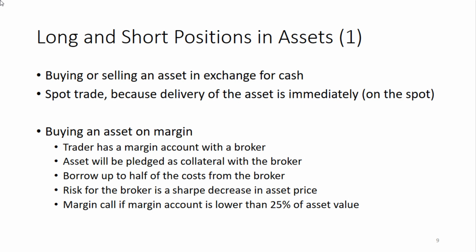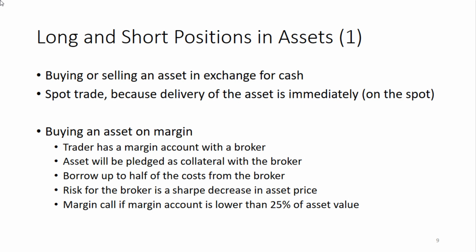So what actually happens if the broker allows for this buying on margin is that there is the risk that the asset that has been earmarked and pledged in the margin account held by the broker decreases sharply in price.